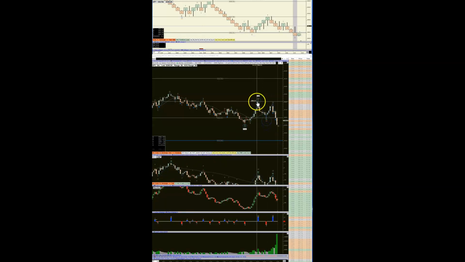If you have an automatic rally that's sold, that's not a secondary test. That's not a valid test. The valid test has to show lack of supply. So that is the first sign of a forecast of higher prices.